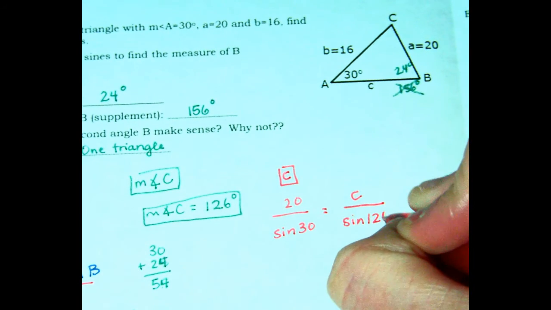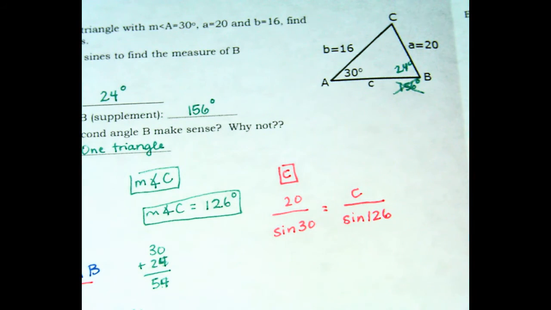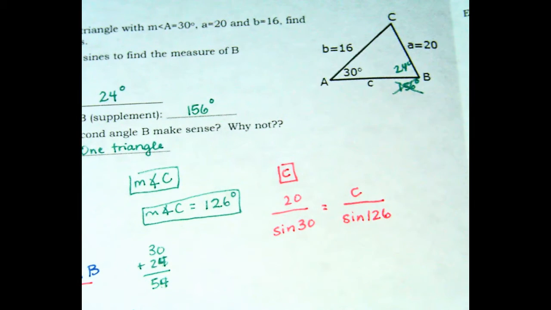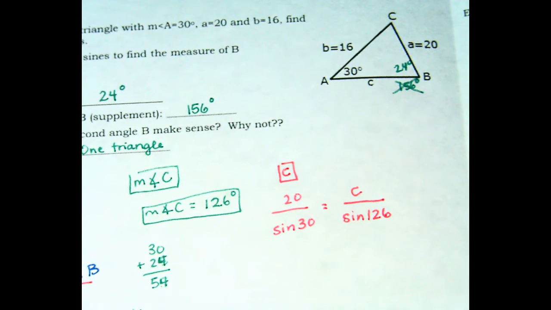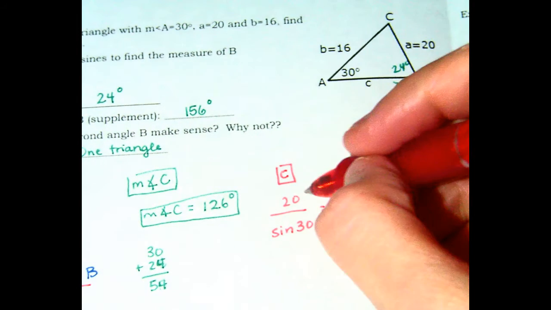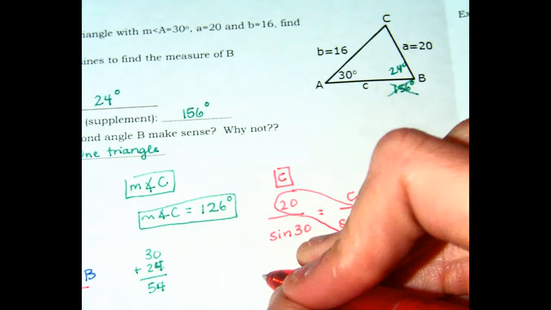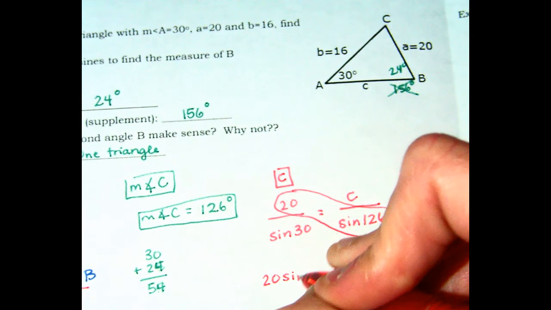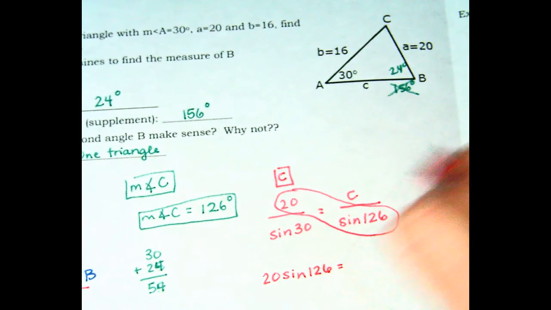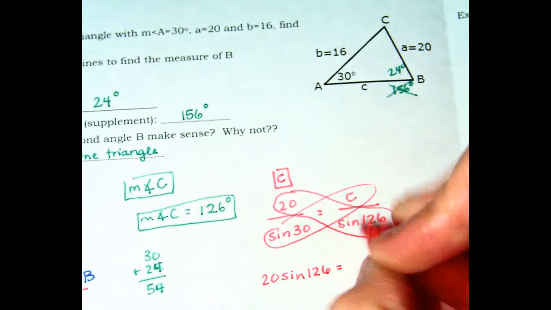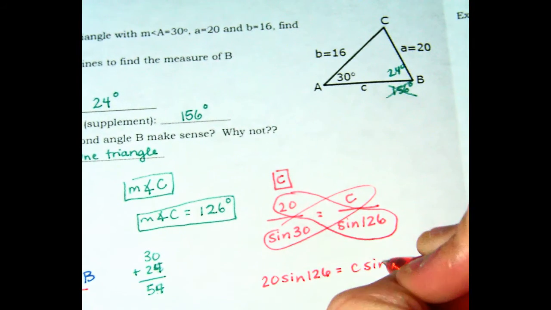So for C, you have to find the angle measures before. Alright, now somebody remind me how to do that. Cross multiply. So 20 sine 126 equals C sine 30. Then what'd you do?